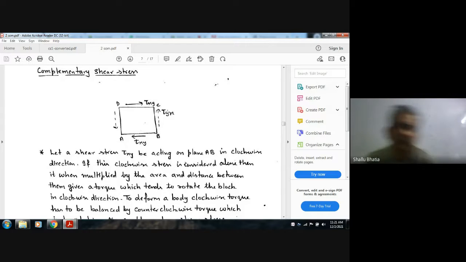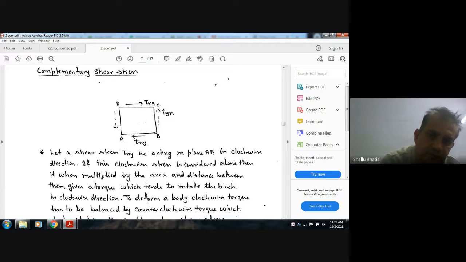If there is free rotation, then there will be no stress, no strain. So to cause stress in the body, a complementary stress has to be considered in every case where shear stress is active. This tau yx will tend to rotate the body in anti-clockwise direction, and tau xy will tend to rotate it in clockwise direction, and because of this opposite rotation, the body will deform.